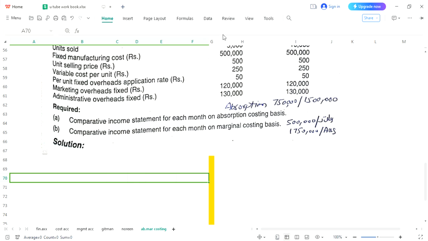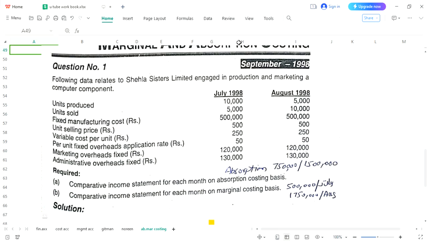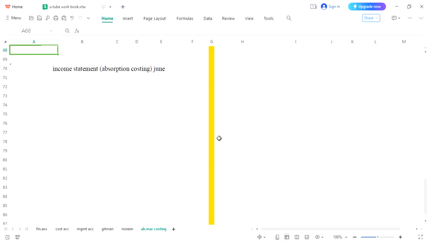Here we are going to complete the income statement according to absorption costing, but we will be related with the month of June only. Okay, it was July, not June.